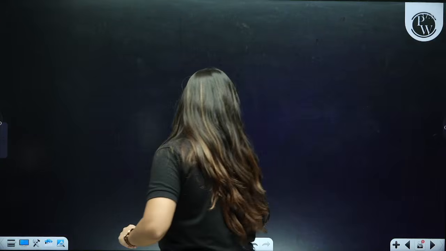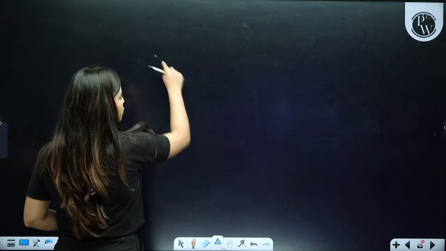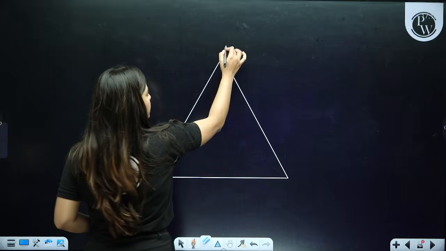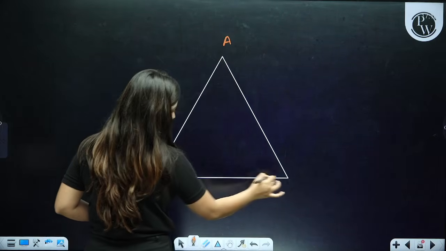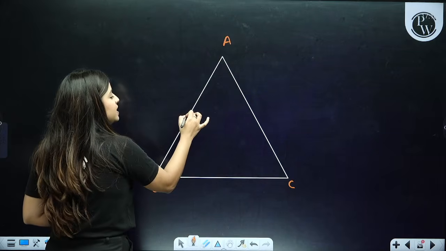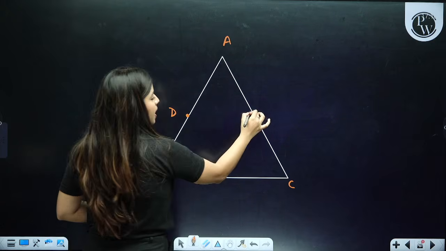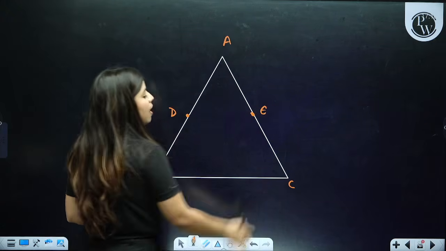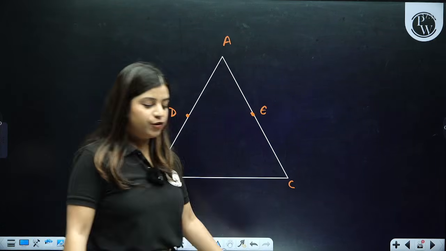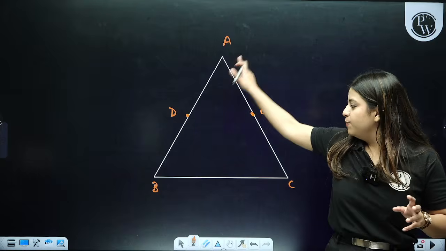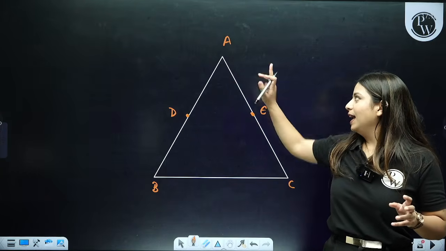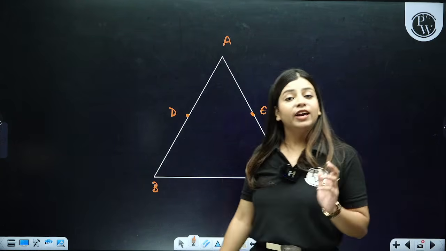Let me tell you. For example, if we have a triangle ABC, let's say D is the midpoint of AB and E is the midpoint of AC. We have a triangle ABC and we have taken D as the midpoint of AB and E as the midpoint of AC.